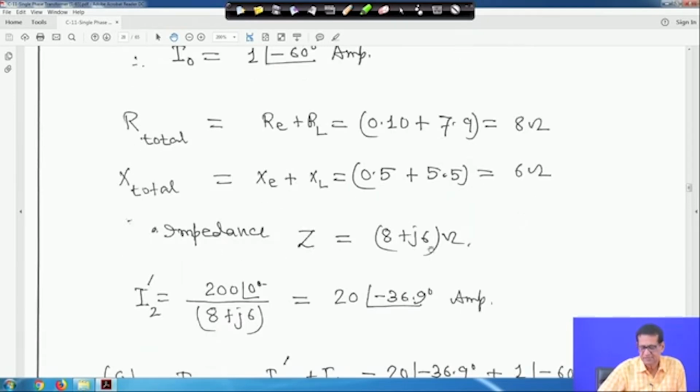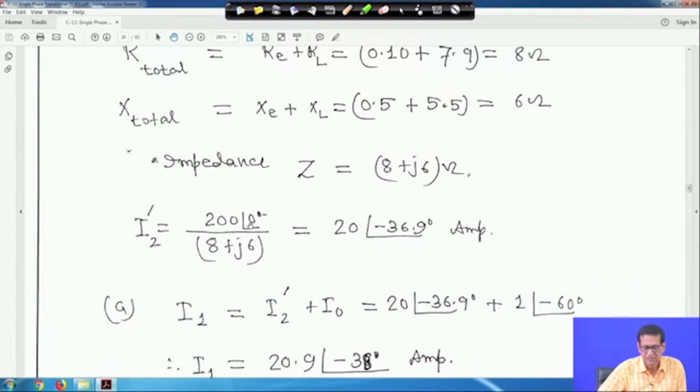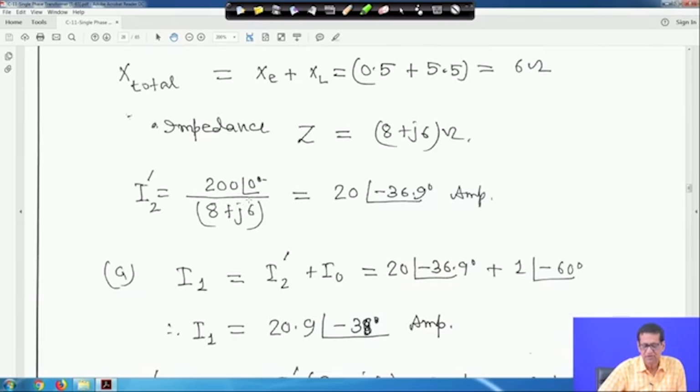Therefore impedance Z will be 8 plus j6 ohm. Therefore I2 dash will be V1, the low voltage side voltage, which is the reference voltage we have taken, so 200 angle 0 degree upon 8 plus j6. It will come to 20 angle minus 36.9 degree ampere.